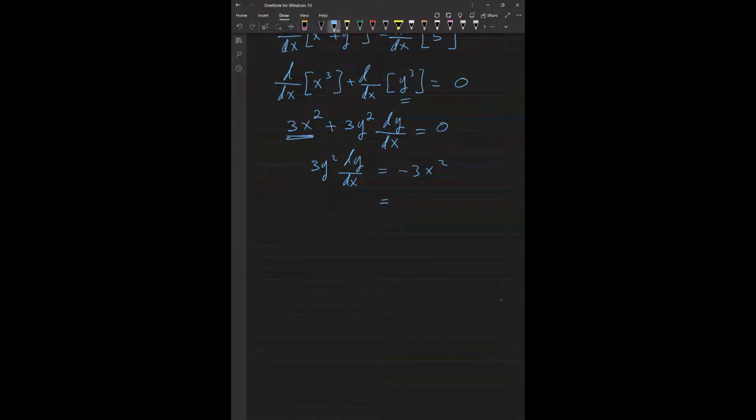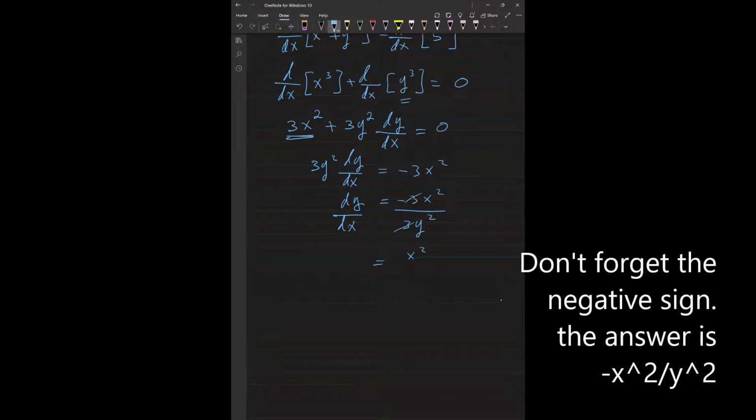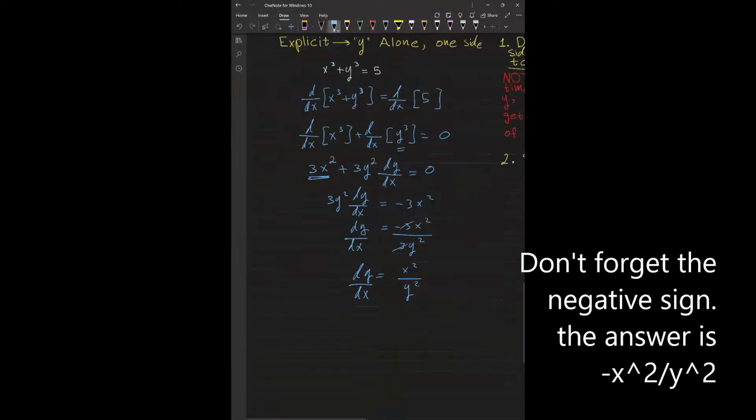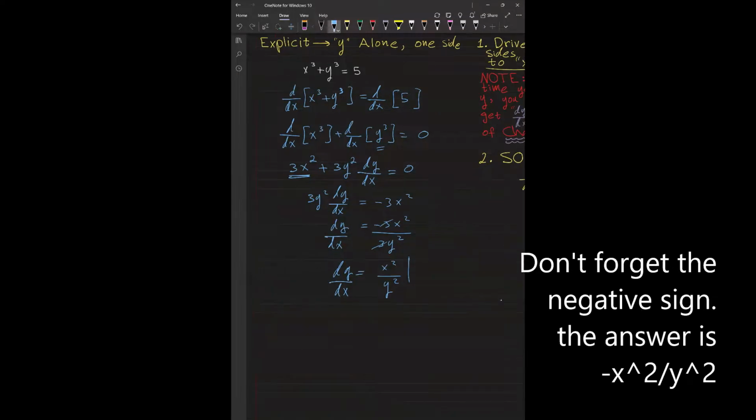That will give me 1 on this side, and then divide in here, 3y squared. And of course, we can cancel the 3s. That will give me negative x squared over y squared, which is dy/dx. And that is your answer right here.